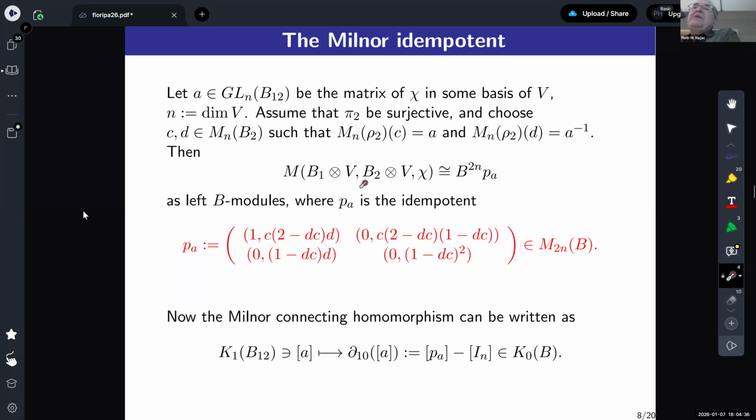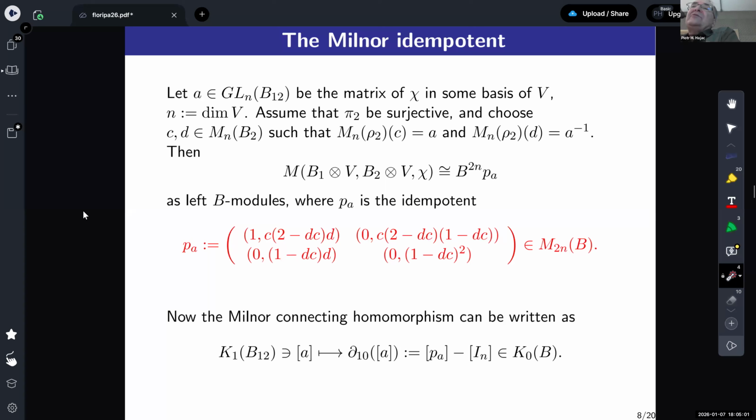You see, remember that B is given as a pullback algebra. So it's the sister algebra of compatible pairs. And you can easily see that these pairs are compatible, because imagine that I apply pi2 over here. Well, when I apply pi2 over here, I have dc, which is now A inverse A, which is 1. 2 minus 1 is 1.